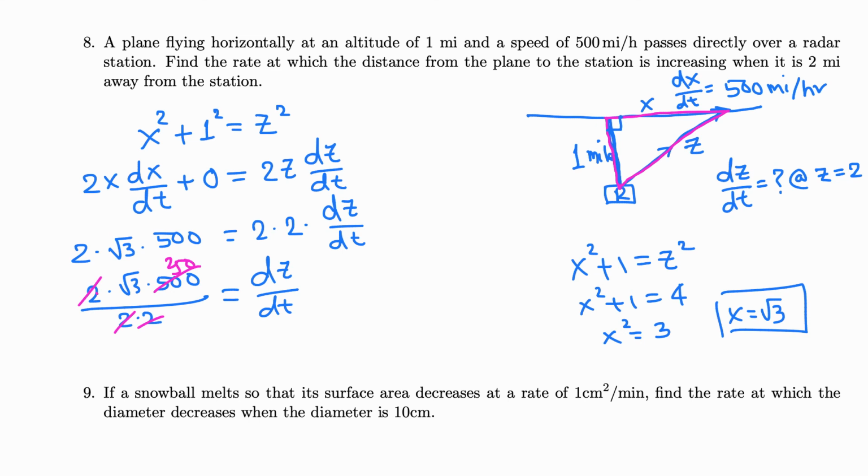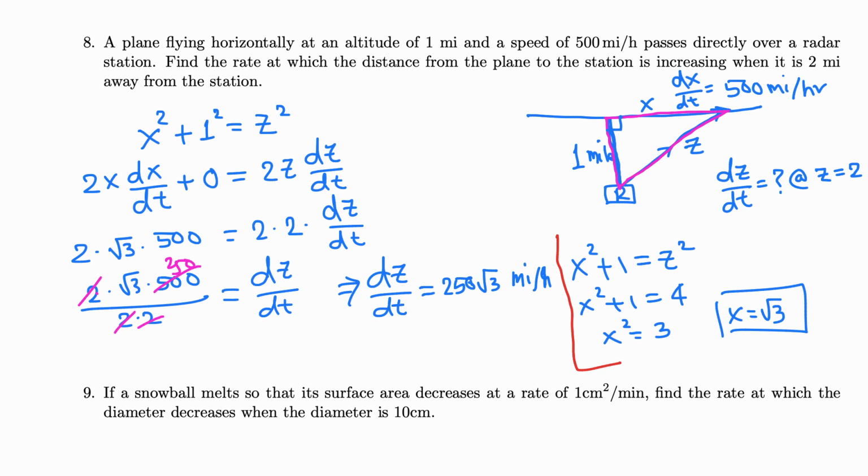The final answer is dg over dt is 250 root 3. Okay, it will be a decimal number. That's miles per hour, because this is the distance. So miles per hour. And this is the final answer.